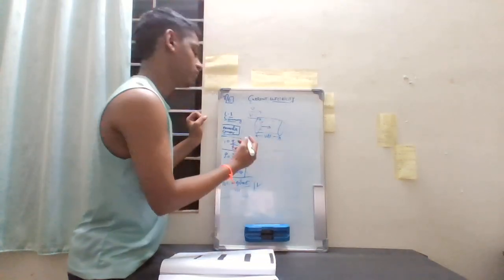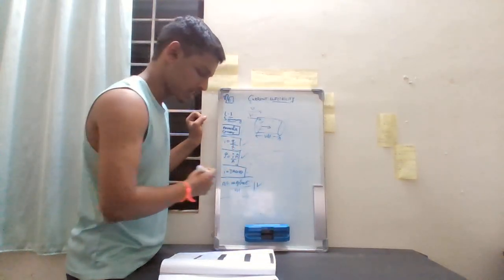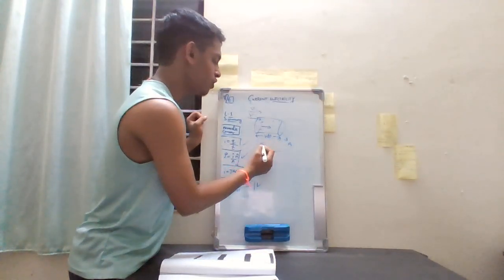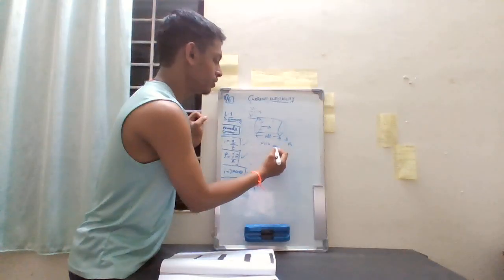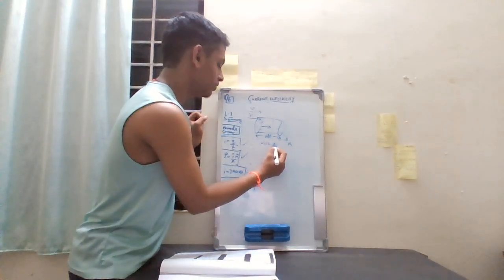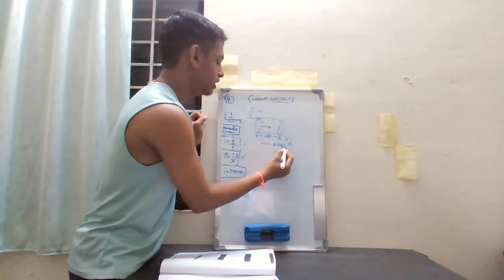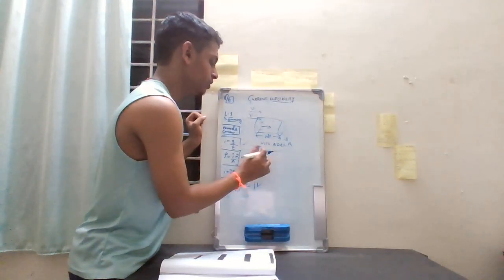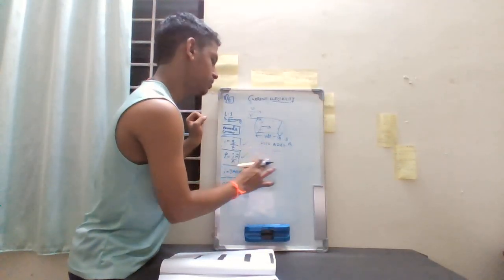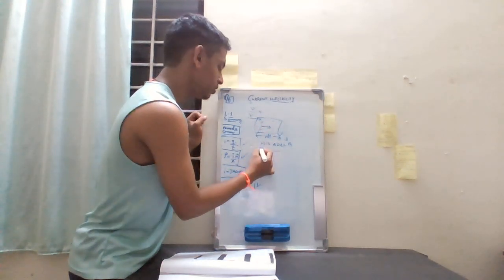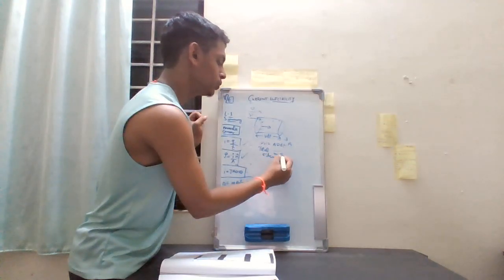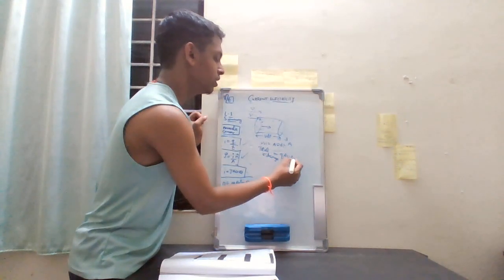If we consider the cross-sectional area to be A, then we have the volume as A v dt. The total charge in this would be the total electron charge, Q times A v dt.